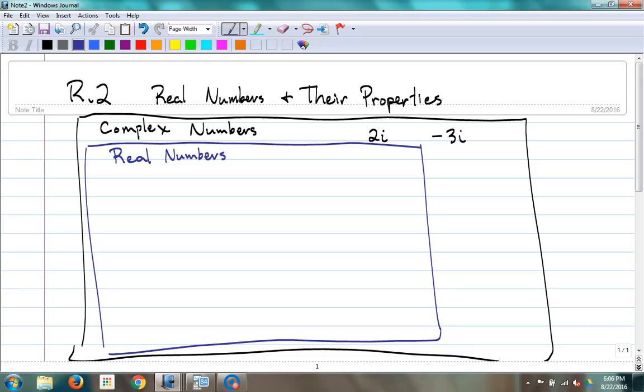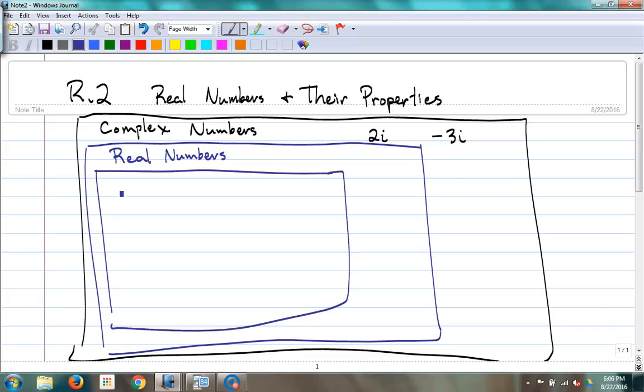And inside of the real numbers, there's this box that's a little smaller. It's called the rational numbers. So what that does is it creates this other box here. It's called the irrational numbers, because that's the opposite of rational, right? Irrational.